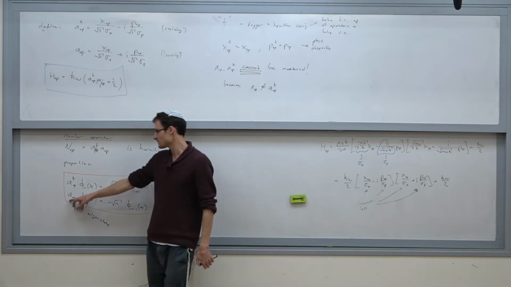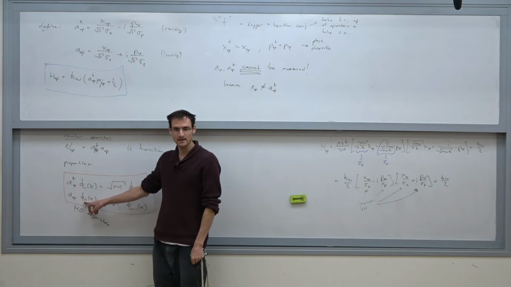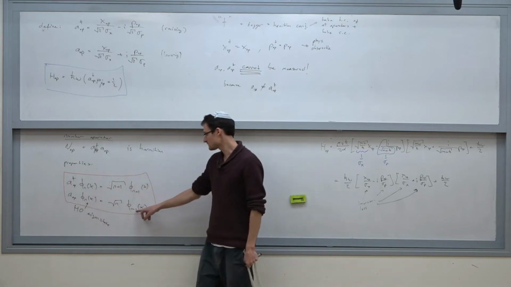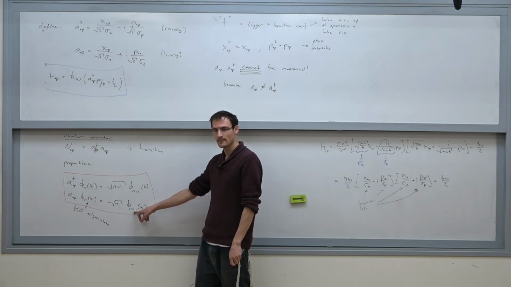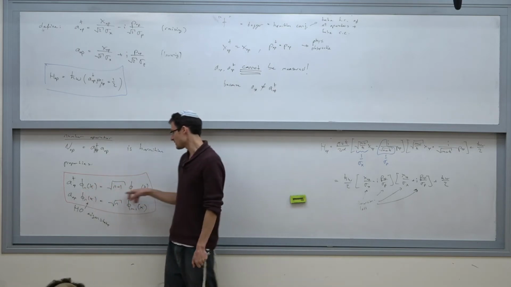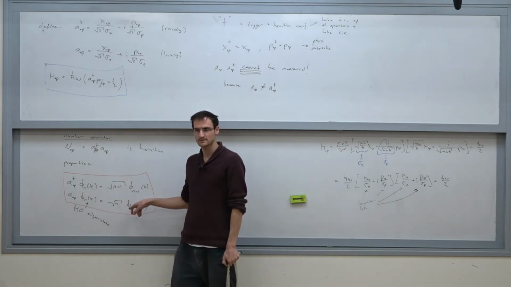And the same thing for the lowering operator. You act with A on phi n, you get an energy eigenstate with lower energy, n minus 1. So it's a raising operator and a lowering operator in energy space.